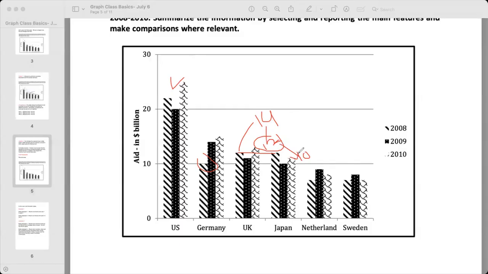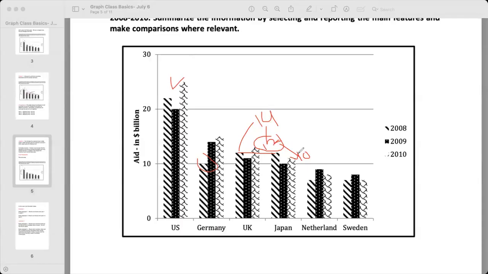Isn't that stronger, to put them opposite each other? They're not similar. They're more different, in that the funding the UK gave is increasing while the funding Japan gave decreased. So they're completely different to each other. 12 and 12 being the same is not such a strong thing in my opinion.